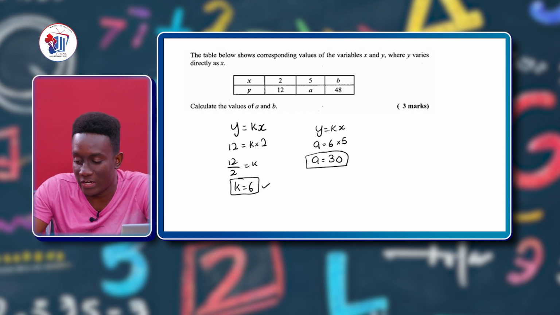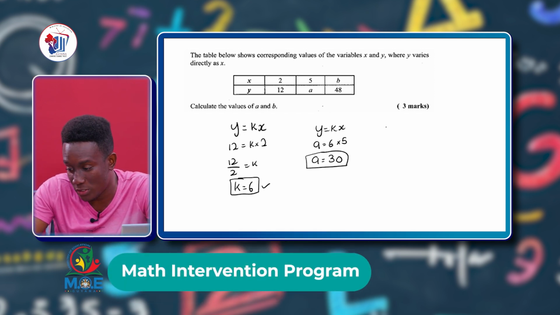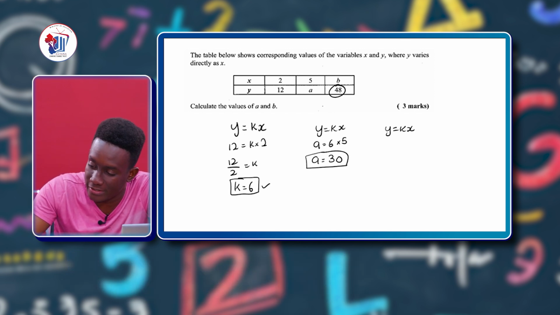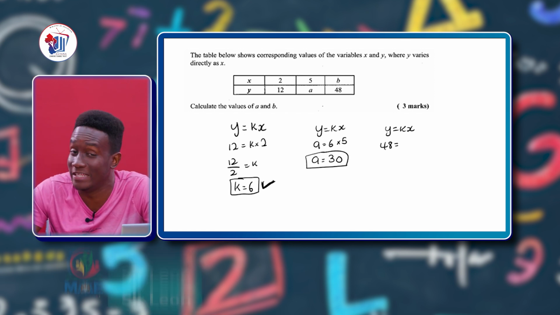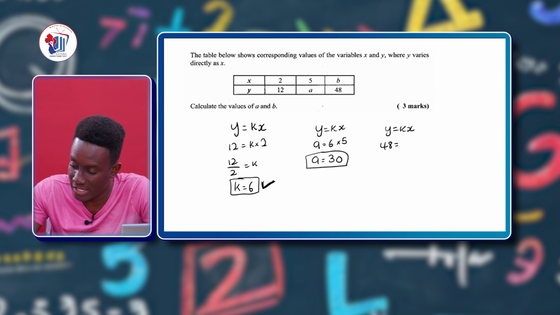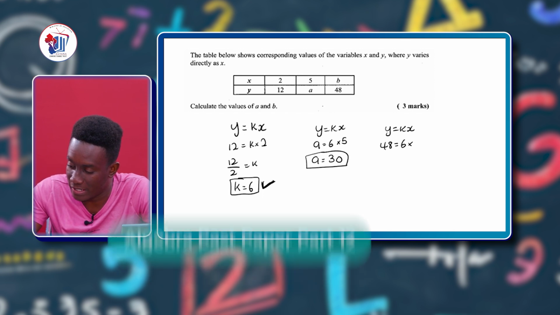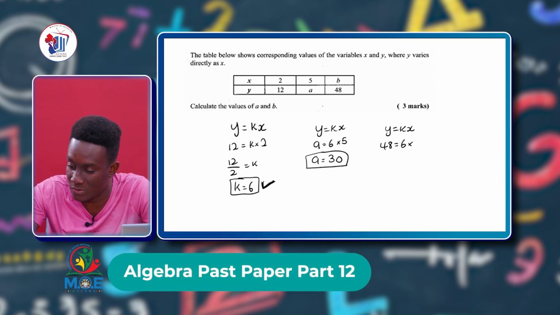And then we're going to find the value of b. So we use back the same equation, y equal kx. So in this case, we know y would be 48. So 48 is equal to k. We found k. That's why it was important to find k first. So we see k is equal to 6 multiplied by x in this case, which is b.